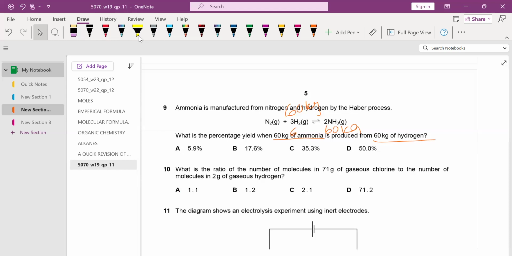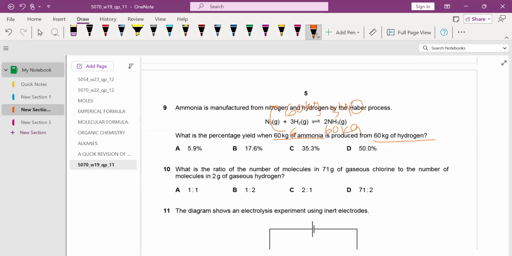So the molar mass would be 14 plus 3, as there are 3 hydrogens, which would be 17, and times 2, because 2 moles is given here, which would give 34. So you can see that 6 times 10 equals 60, so here it would be 340.